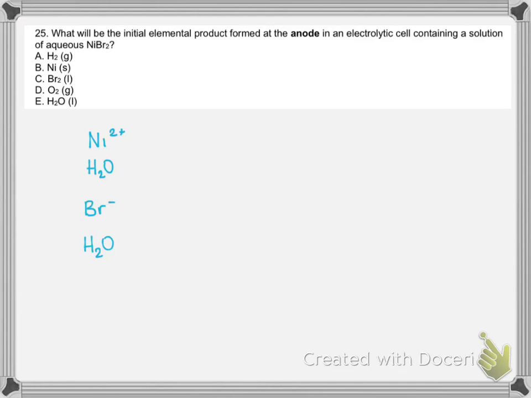For number 25, we're doing electrolysis, so we have a non-spontaneous reaction that we're forcing to occur, and we have aqueous nickel bromide. I've written out here the nickel ions in water and the bromide ions in water, and we'll say that these have the potential to be reduced, and these have the potential to be oxidized.